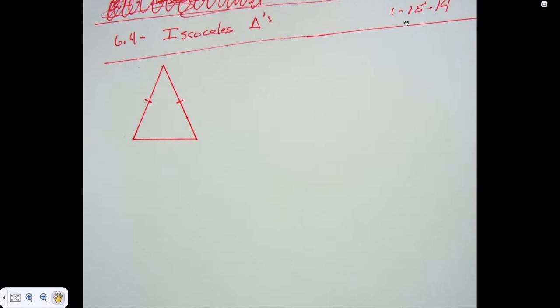We have actually talked about this when we talked about medians and things like that, but we didn't really get into it. One is the isosceles triangle theorem, which is very, very handy.